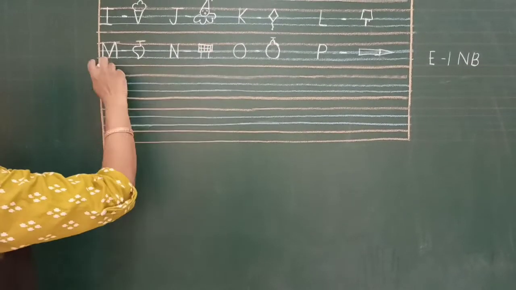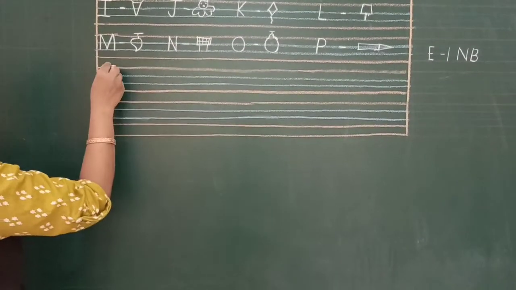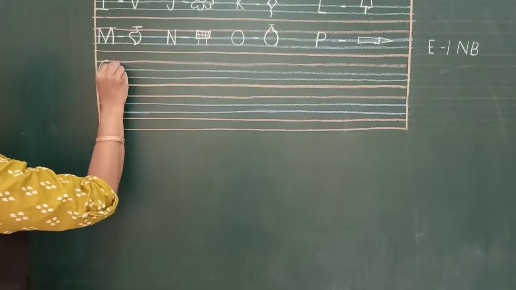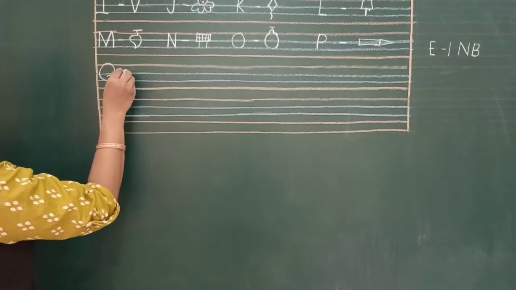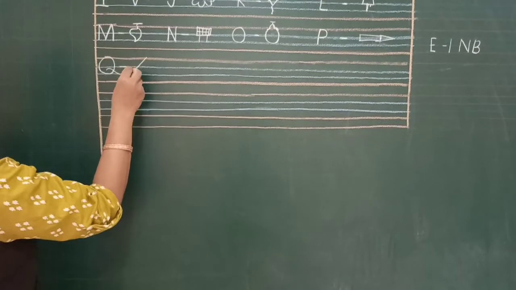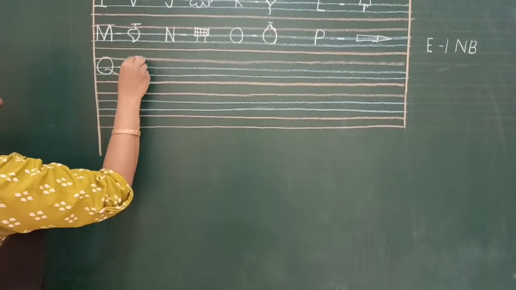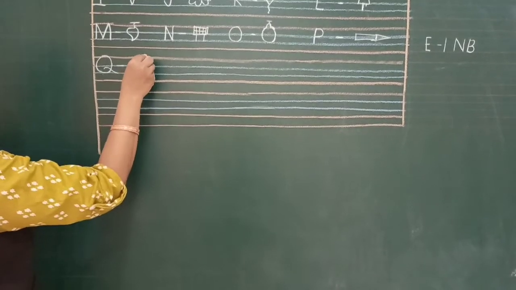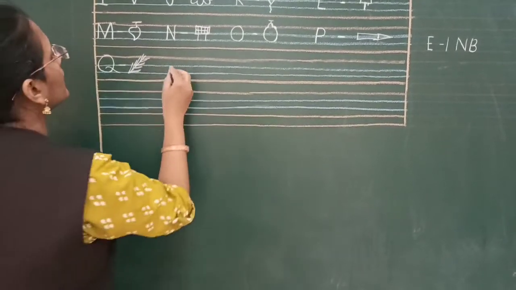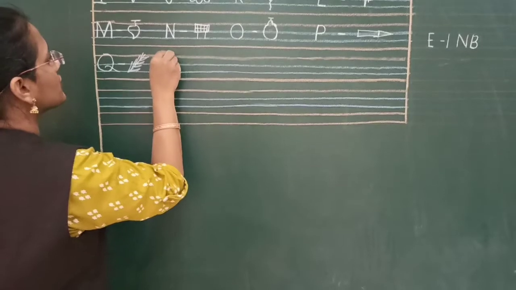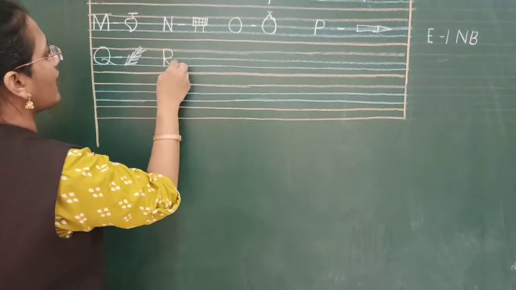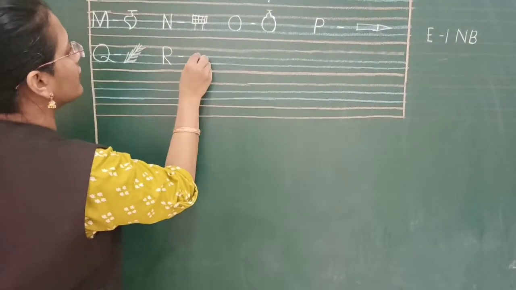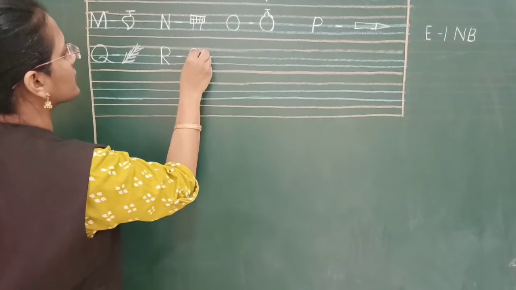Then after P, which letter will come? Again you have to say L, M, N, O, P. Then here will come capital alphabet Q, and Q is for quill. Just like this slant lines over here, and your quill is there. Okay. Then capital alphabet R, and R is for, we will draw a rabbit.